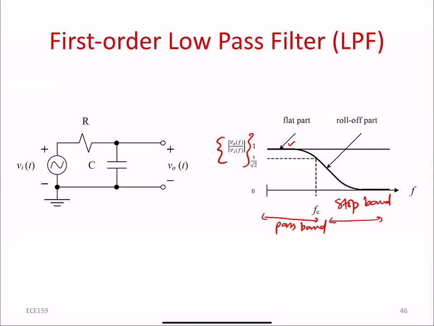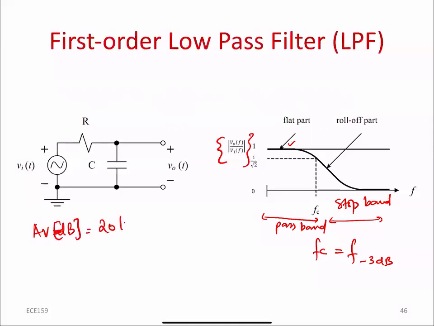What is the cutoff point? The cutoff point, fc, is the frequency at the 3 dB point. How will we write the gain in dBs?